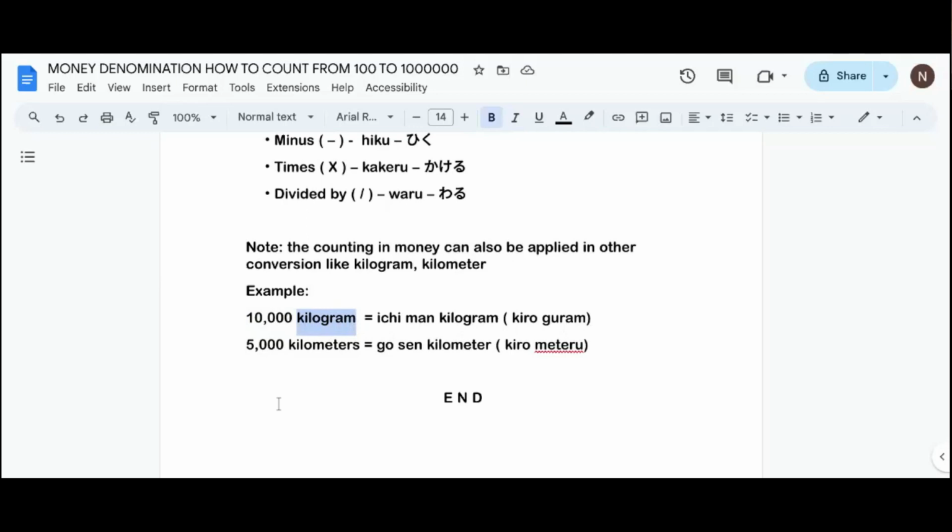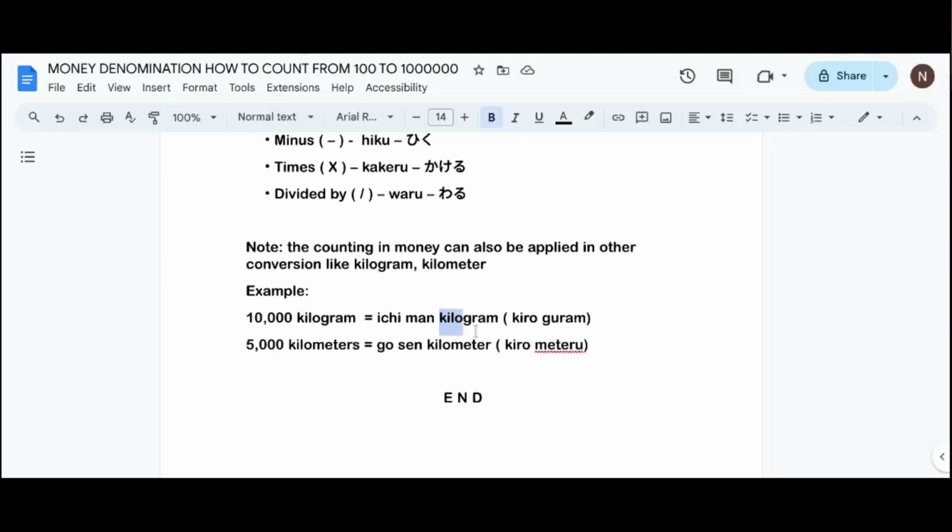For example, in kilometers, 5,000 kilometers. So it will be gosen kilometer. By the way, please kindly note this. There is no L in Japanese. For example, kilo, kilogram.